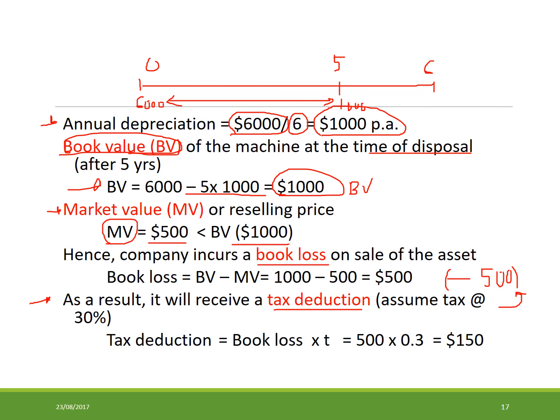Yeah. So assuming that our tax rate is 30%, our tax deduction is therefore the size of the book loss times the tax rate, right? So if we make a $500 loss, then our tax credit, our tax savings, is therefore $150, right?